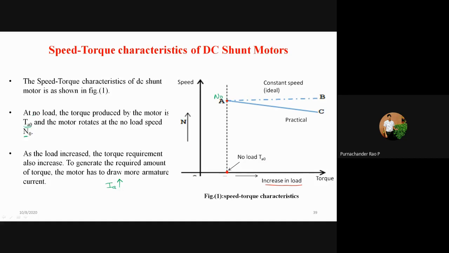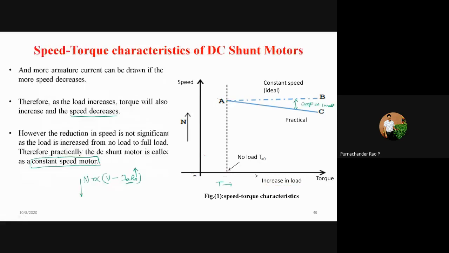So this is a reduction in the speed when the torque is increasing. This is about the speed torque characteristics of a DC shunt motor.